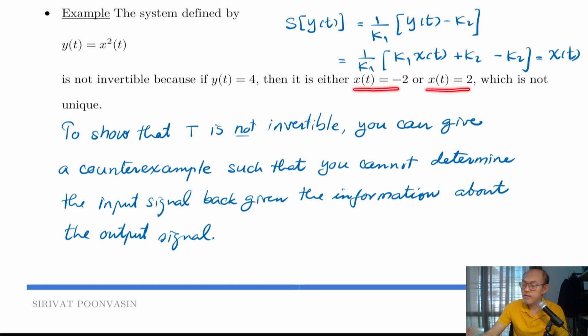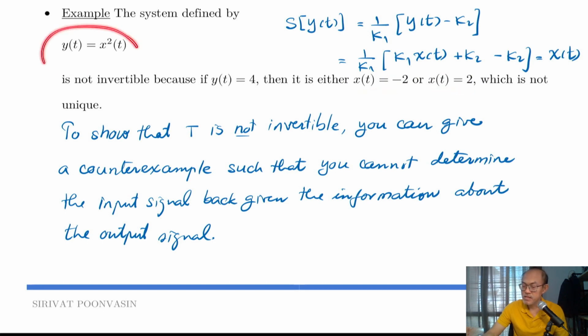It's either one of these, so there is an ambiguity here. Based on y equal to 4, you cannot exactly determine whether the input is -2 or 2. You cannot say, because there's an ambiguity here.